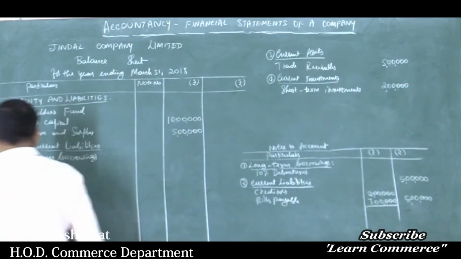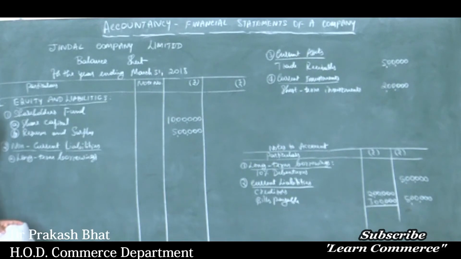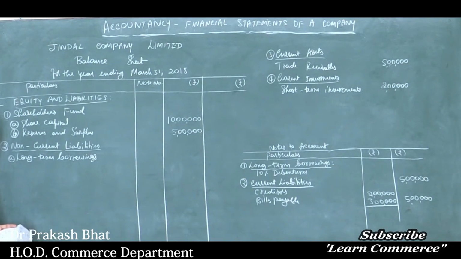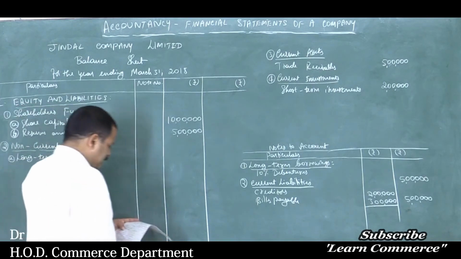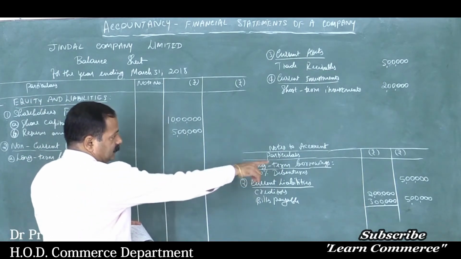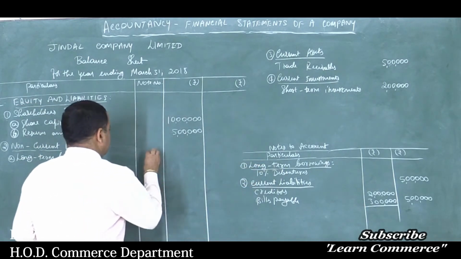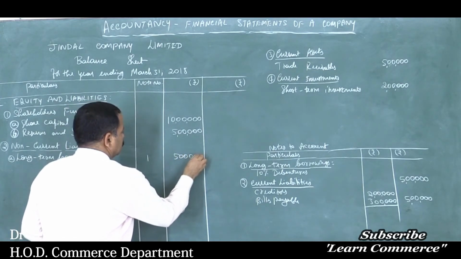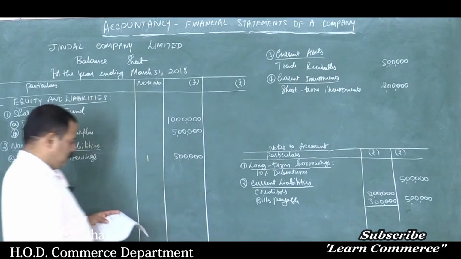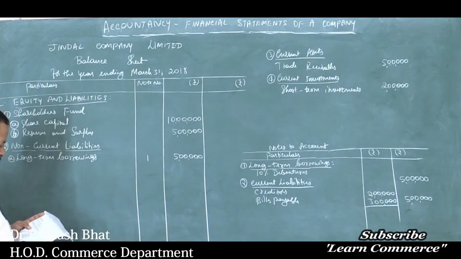Now let's move on to this side. Long-term borrowings, it's over. How much is the amount? It is 5 lakh. Note number 1, 5 lakh. Clear?